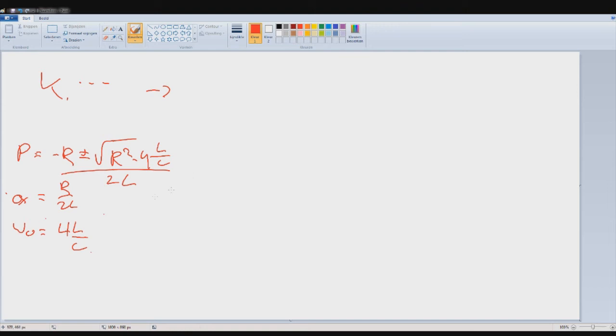Yes, okay, so this gets to alpha plus minus the square root of alpha squared minus omega naught squared, and basically what this will become is 1 over LC.